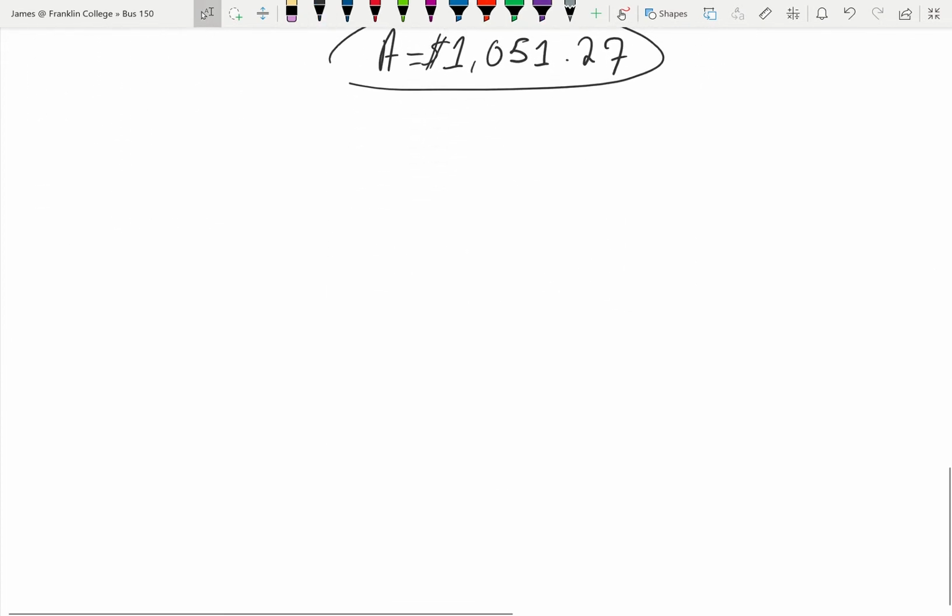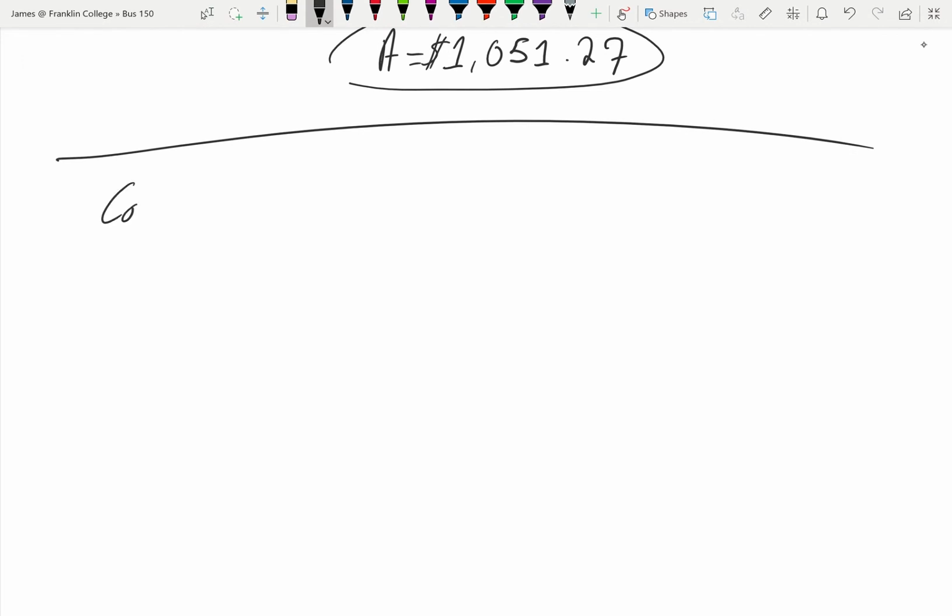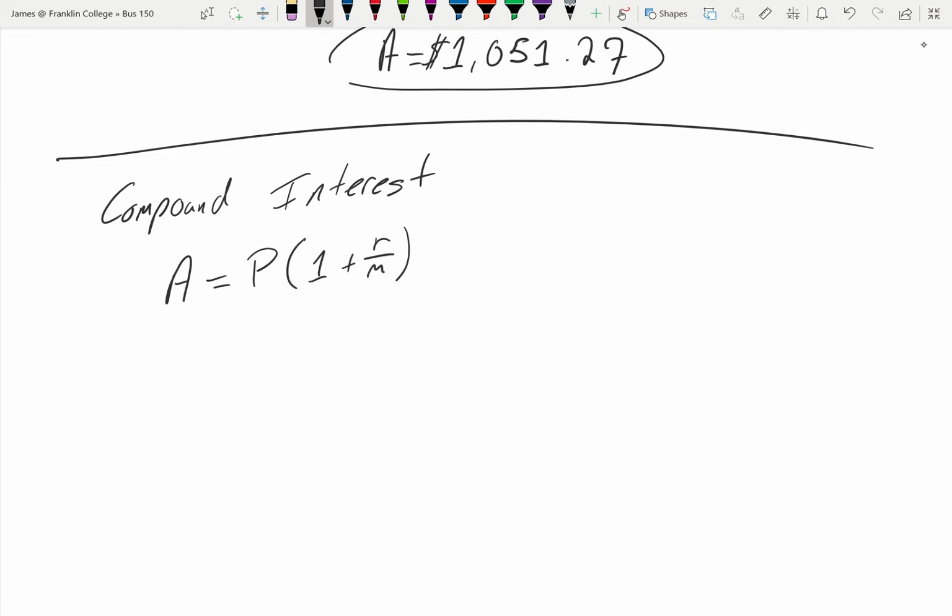Alright, another example of using exponents. So we're going to be doing compounding interest, where we're going to say A equals P times 1 plus R divided by M, raised to the MT. So this is going to be another situation where we're going to be putting money into an account, and it's going to be accruing interest over time.